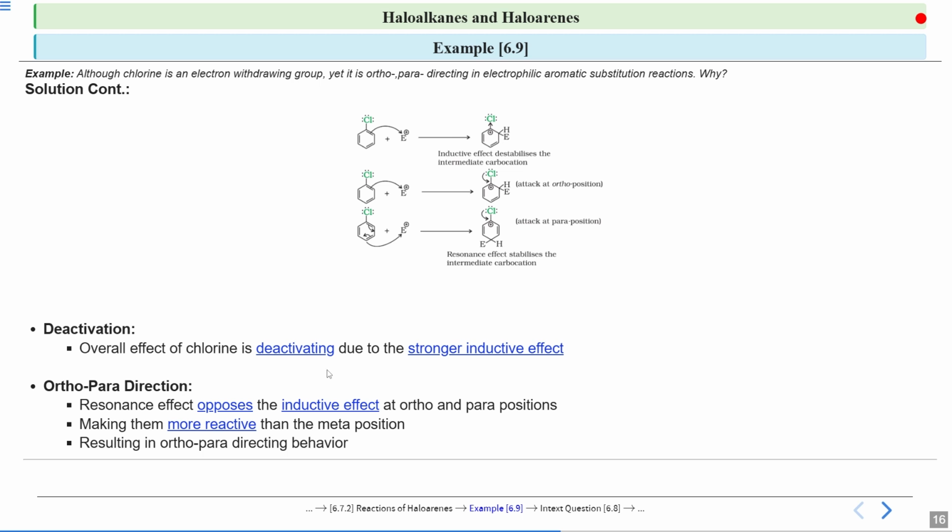So chlorine is an electron withdrawing group, as we know, due to its inductive effect, but still it is ortho-para directing in electrophilic aromatic substitution, forming stable ortho-para substituted products due to the resonance effect shown by the chlorine through its lone pair electrons.